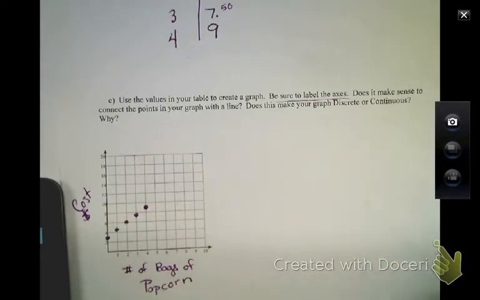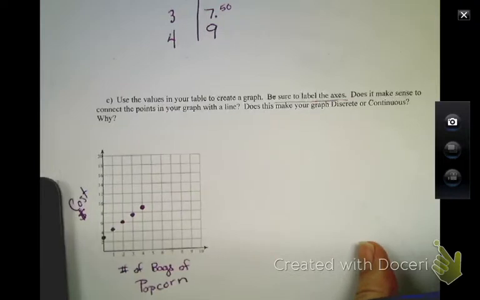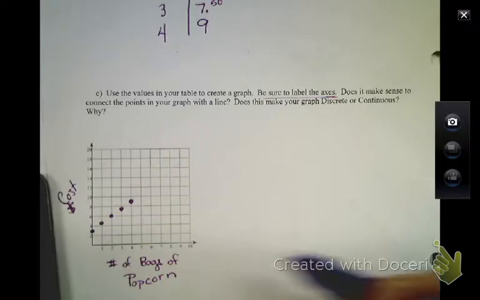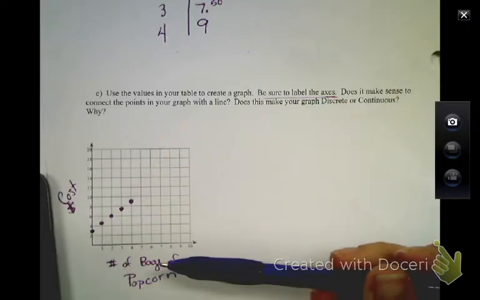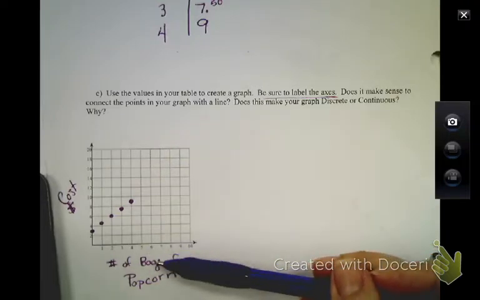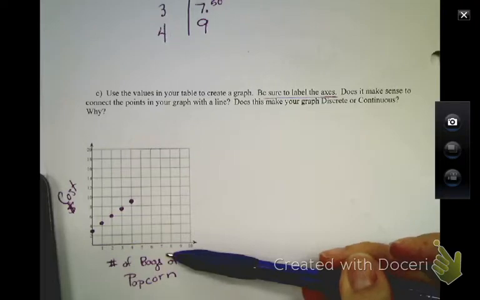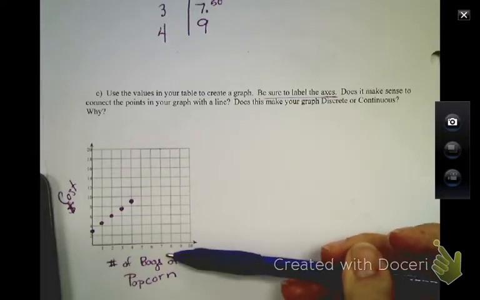So after you plot, we've got to figure out, does it make sense to have this be discrete or continuous? So the question is, yeah, I can have half a bag of popcorn, but the bad thing is the concession stand won't let me just purchase half a bag of popcorn. They only give you one bag of popcorn.